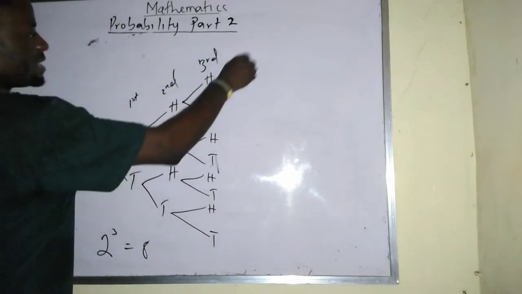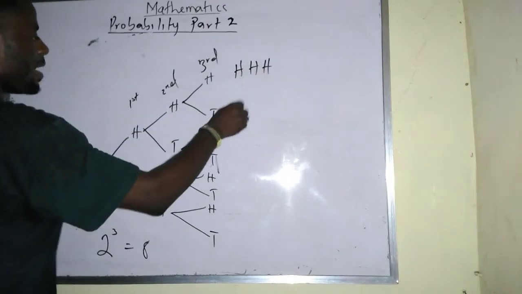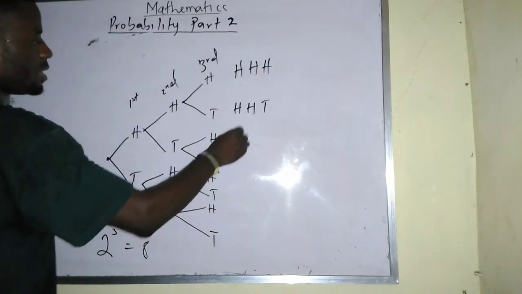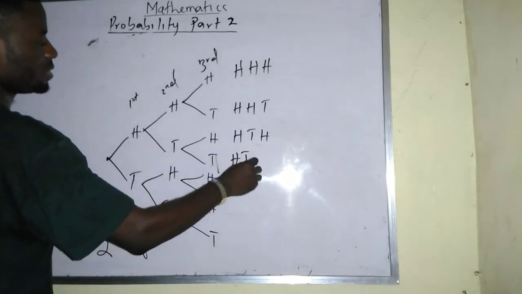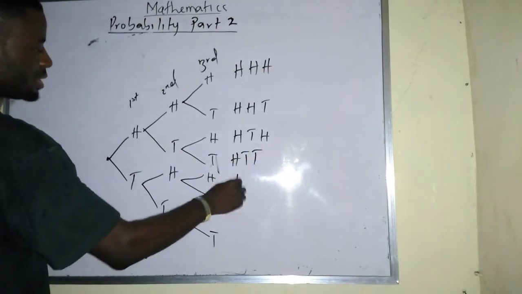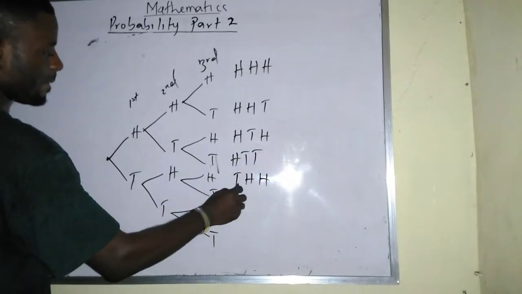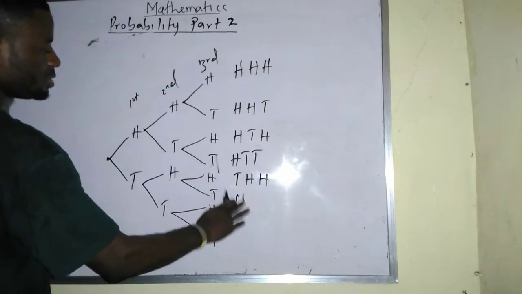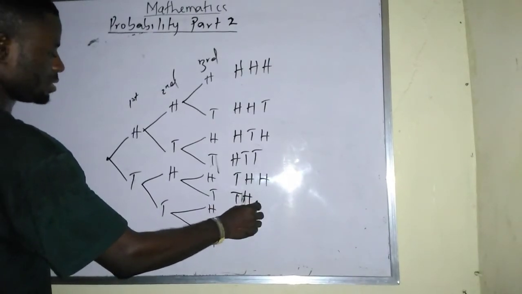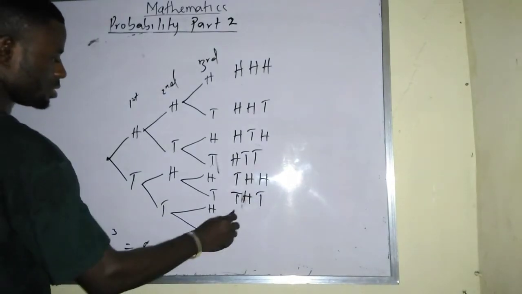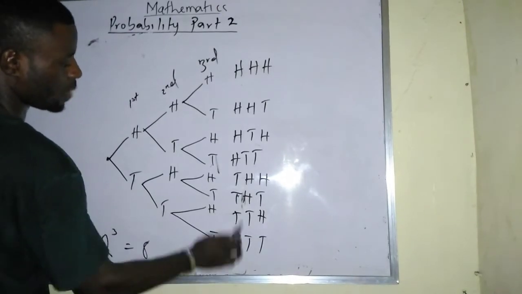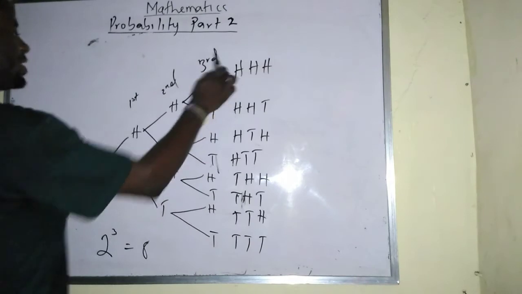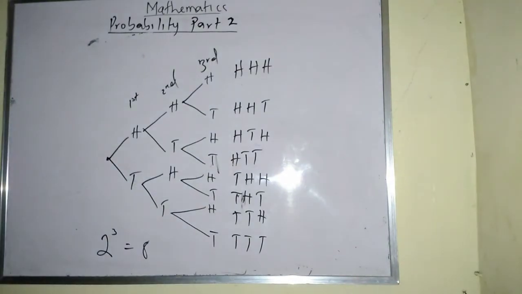It means I'll be having head, head, head, head, head, tail, head, tail, head, head, tail, tail, tail, head, head, tail, head, tail, tail, tail, head, and tail, tail, tail. 1, 2, 3, 4, 5, 6, 7, 8. That is what I'm trying to work on. That is all about tree diagram.